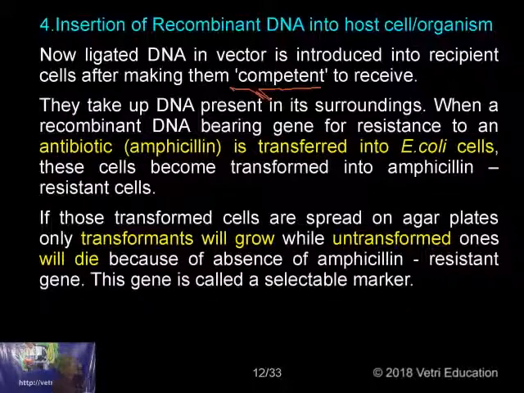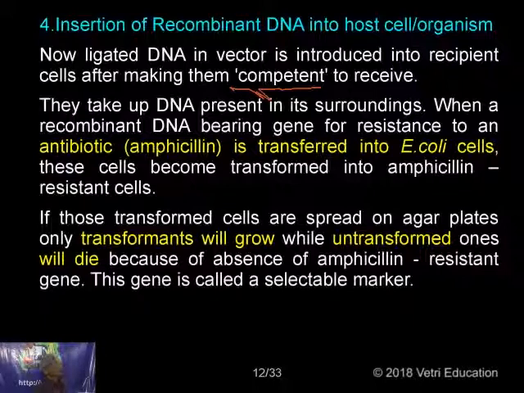So, the cell should be made competent to receive. If it is not competent to receive, then at this stage, you have to stop the experiment. The cell should be made competent to receive the DNA.